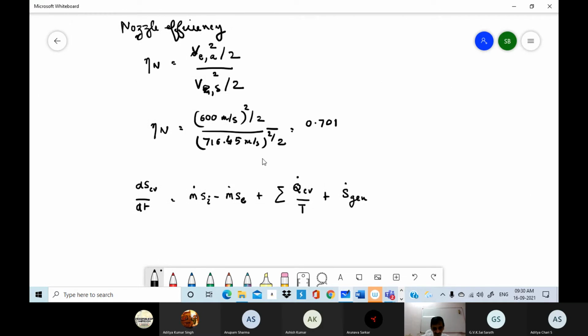Now, there are various losses because of which the nozzle efficiency might have decreased. There could be heat loss from the nozzle. There could be entropy generation.